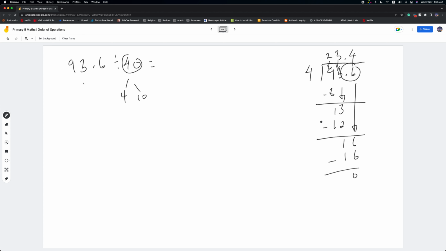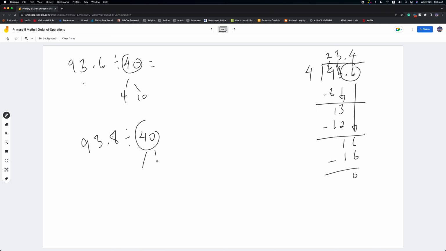Let's give an example so it's clearer. Let's say it's 93.8 divided by 40.